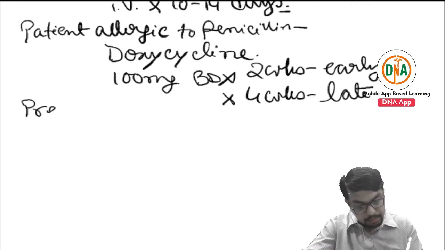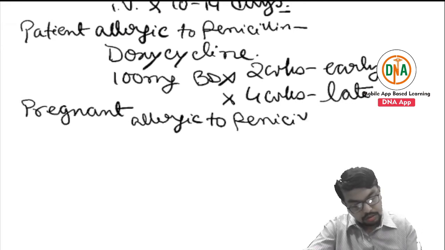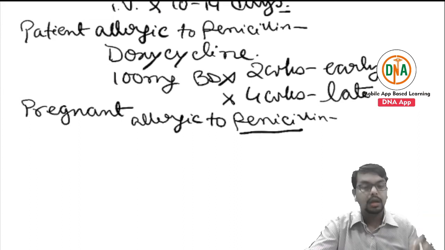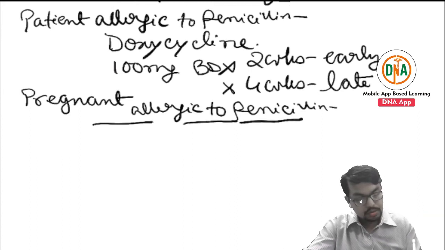What about a pregnant patient who is allergic? Pregnant patient if allergic to penicillin, then what is the drug of choice? No, it is not erythromycin. It is also penicillin.